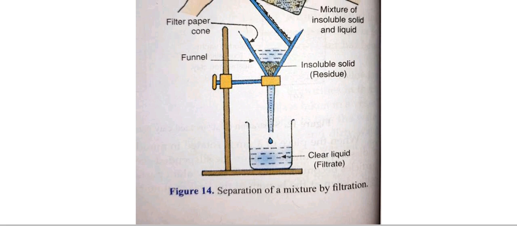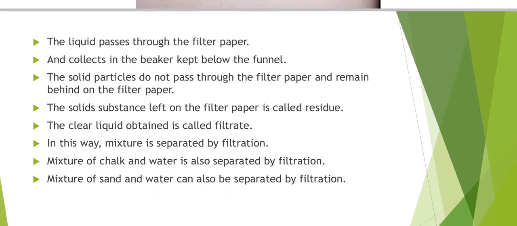And the insoluble solids or the solid particles will remain in that filter paper cone, and it is known as the residue. And the clear water that you are getting in the beaker kept below the funnel is called filtrate. Now again see these steps.